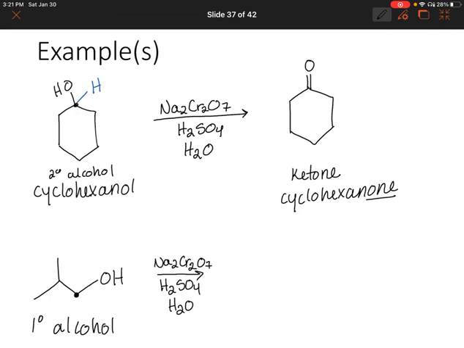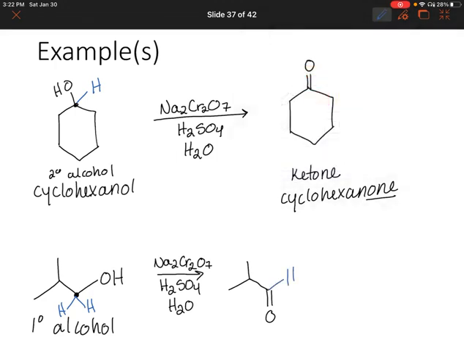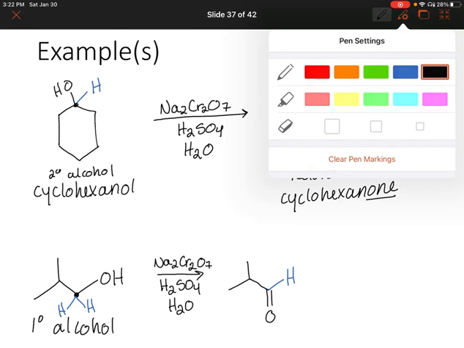What do primary alcohols form after oxidation? An aldehyde. So we're going to lose one of the hydrogens that's bonded to that primary carbon, and we're going to change our alcohol group into a carbonyl group. And then we still have one hydrogen left.